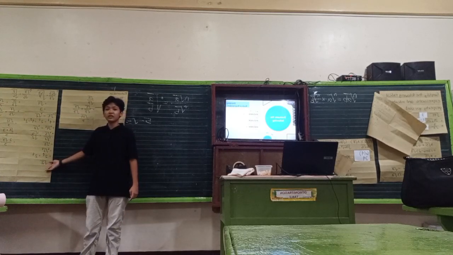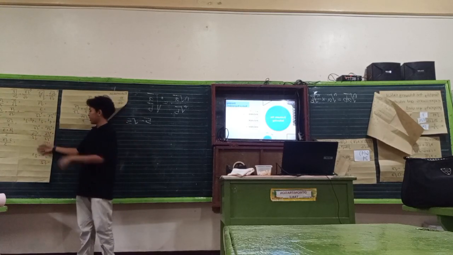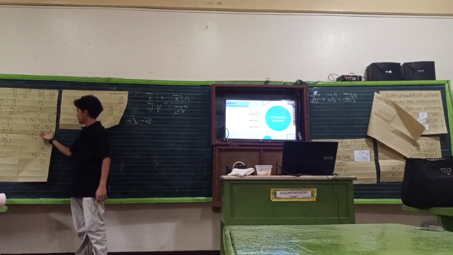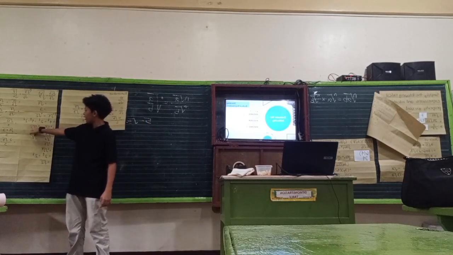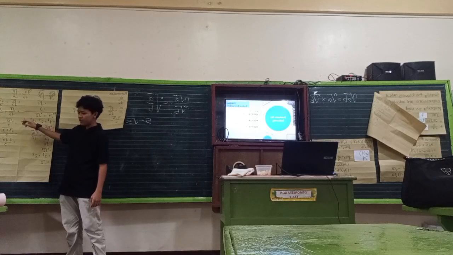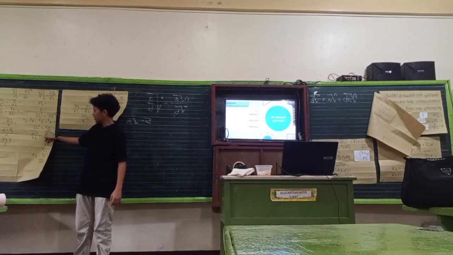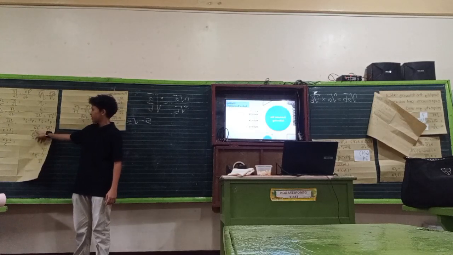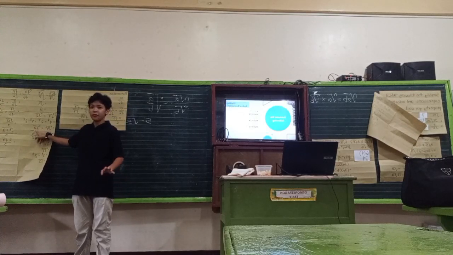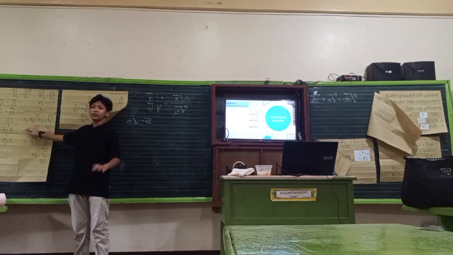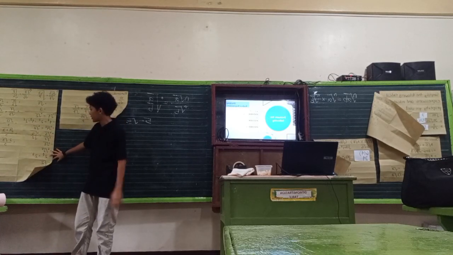So that it could be in the same order. Very good, Pagmiligan. So now, it became a radical with the same order. He transformed it from exponential form to a radical expression.